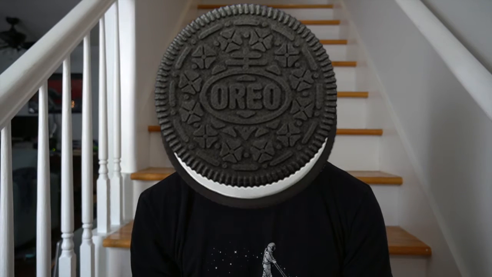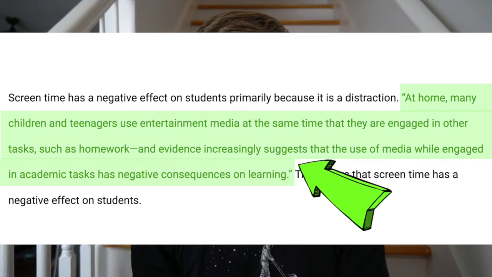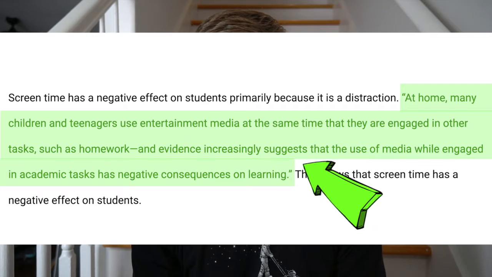Then I have evidence, and this is the article that was written by Oreo, and in this article she says, "At home, many children and teenagers use entertainment media at the same time that they are engaged in other tasks such as homework. And evidence increasingly suggests that the use of media while engaged in academic tasks has negative consequences in learning." So that is the evidence that I have to support my reason.